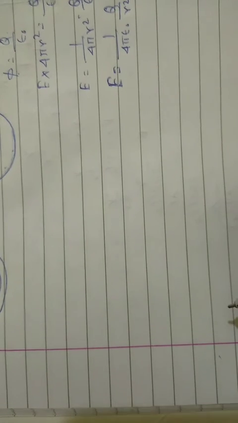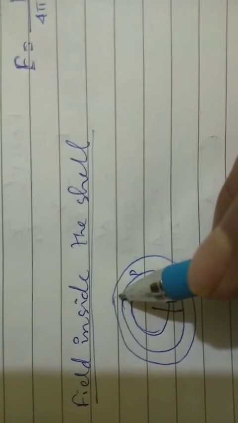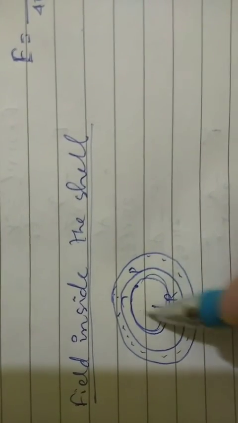Now let us find the electric field inside the shell. Suppose the radius of the shell is r and we want to find the electric field at point P. For that, if we consider a sphere-like Gaussian surface, we see that all the charge of the shell is placed like this. So inside this Gaussian surface there is no charge.